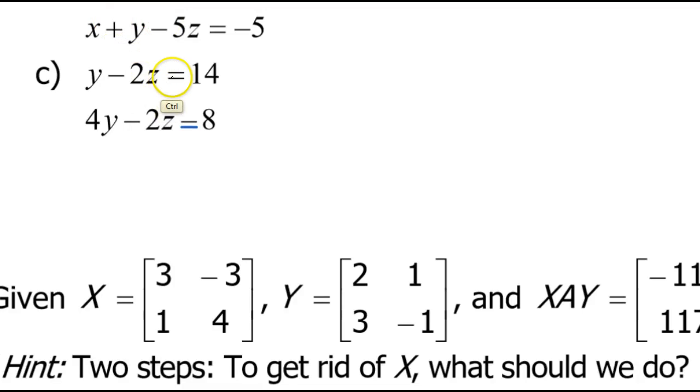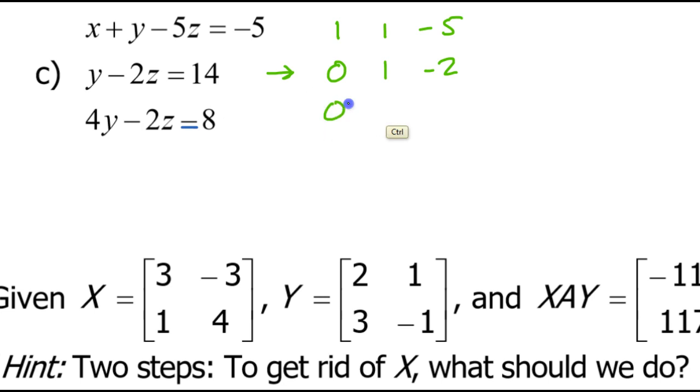So these equations are already written in standard form. So I can go ahead and write this as a matrix equation. So looking at those coefficients, I have 1, 1, negative 5. There's no x term, so I'm going to have 0. I'm going to have 0, 1, negative 2.